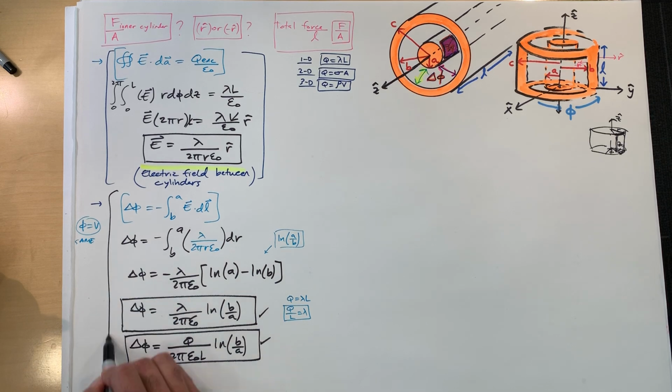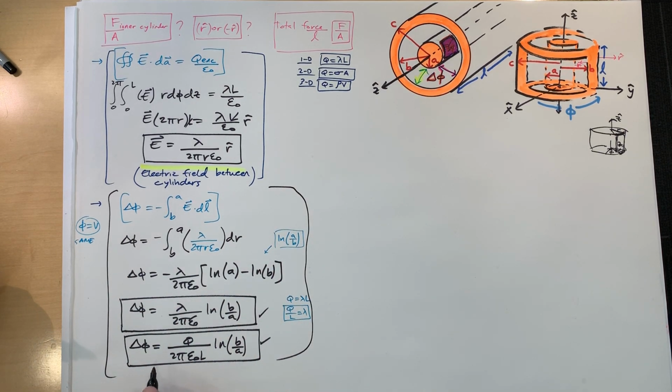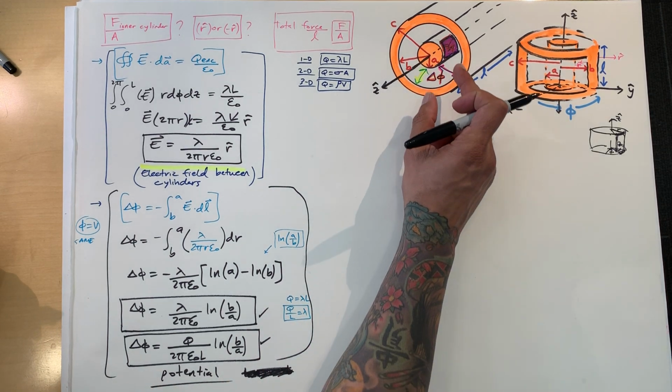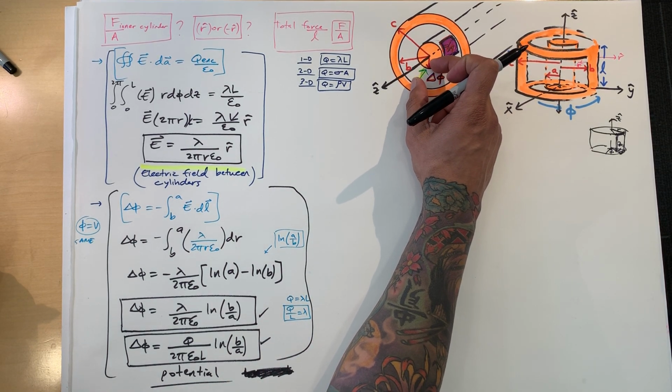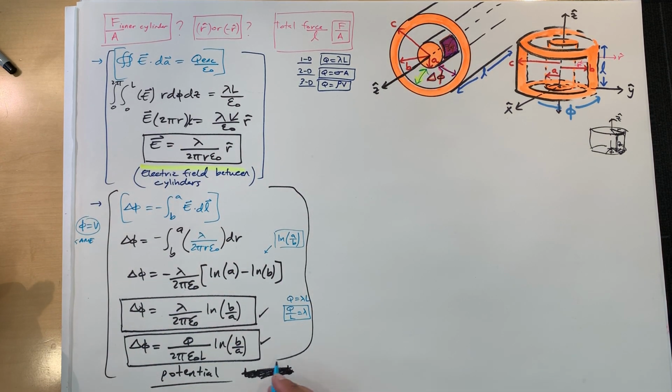So we got this, and this is the potential between A and B. R should be greater than A, but less than B. There we go.